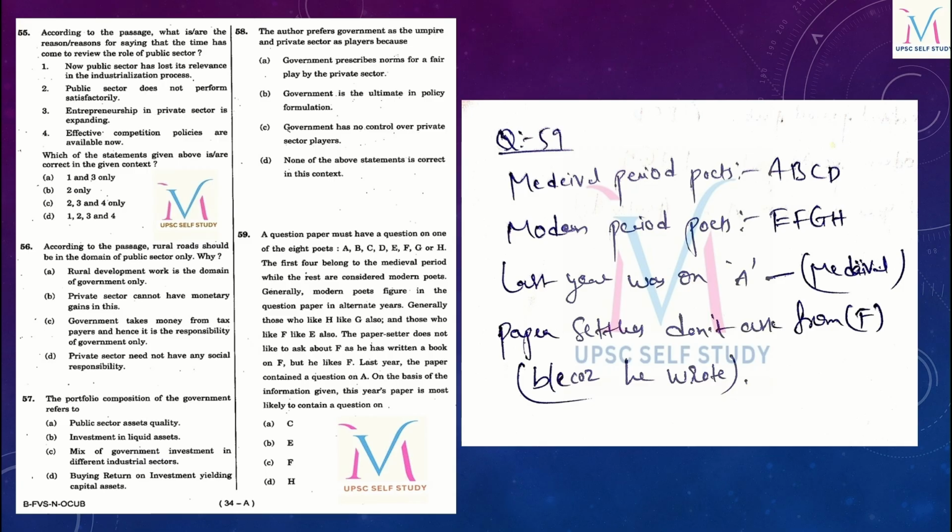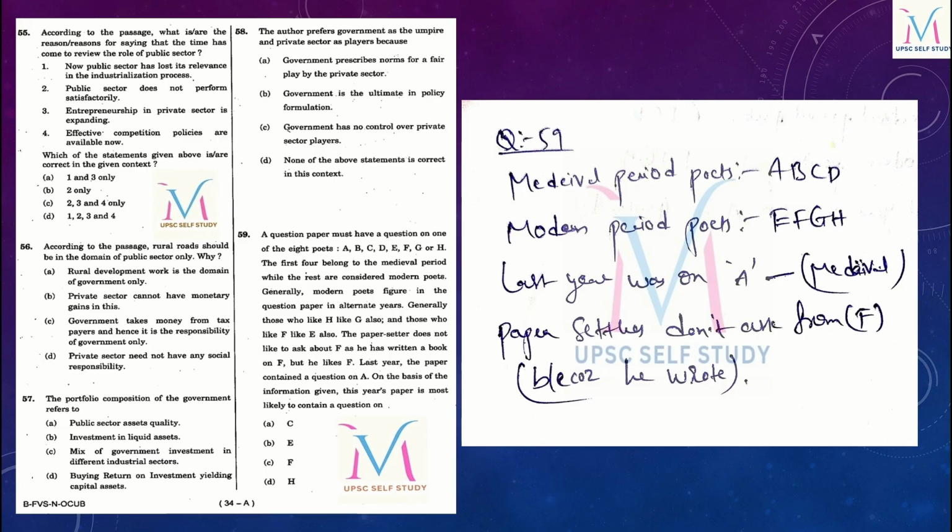And 56th. According to the passage, rural roads should be in the domain of the public sector only. Why? We shall see the options. Rural development work is in the domain of government only, and the private sector cannot have monetary gains on this. Government takes money from taxpayers, and hence it is the responsibility of the government only.